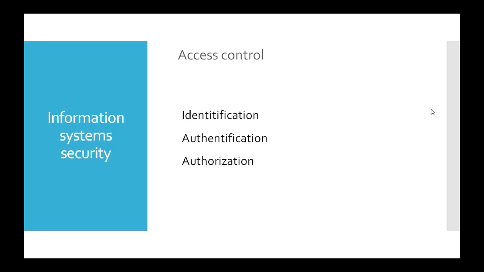Authentication is the act of verifying a claim of identity. When John Doe goes into a bank to make a withdrawal, he tells the bank teller he is John Doe, which is a claim of identity. The bank teller asks to see a photo ID, so he hands the teller his driver's license.